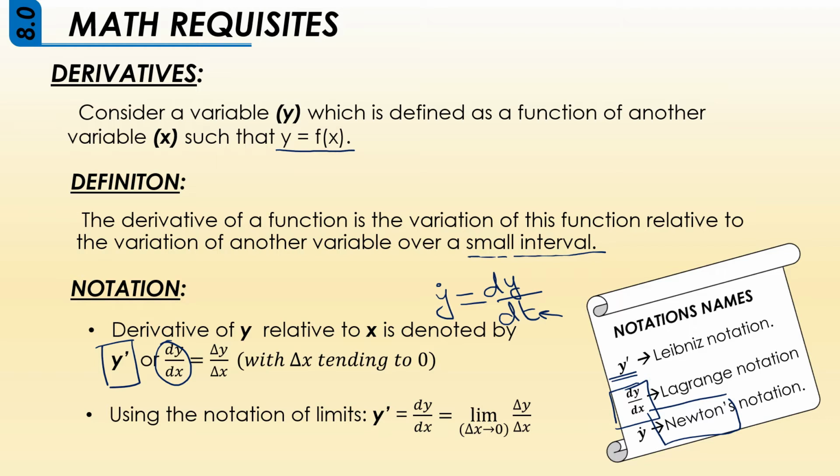Using the notation of limits, we say that y prime, which equals dy by dx, whether Leibniz or Lagrange notation, equals the limit of delta y over delta x, the rise over run, but when delta x is too small or tends to 0. This, by the way, highlights the idea of small interval.